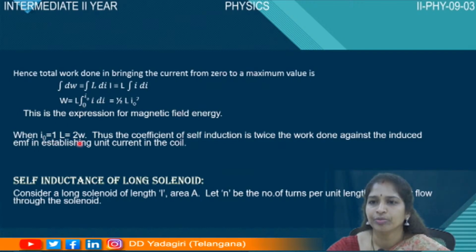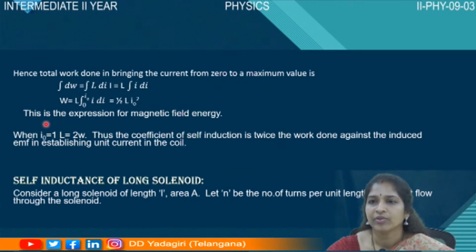So the coefficient of self-induction is twice the amount of work done in order to increase the current from 0 to 1 ampere in the same coil.